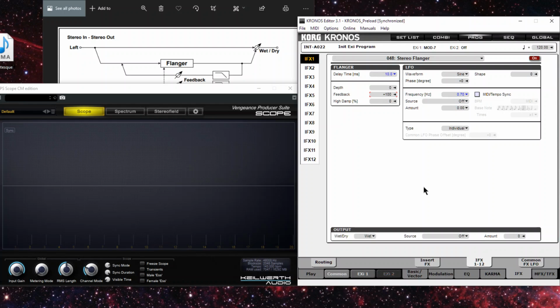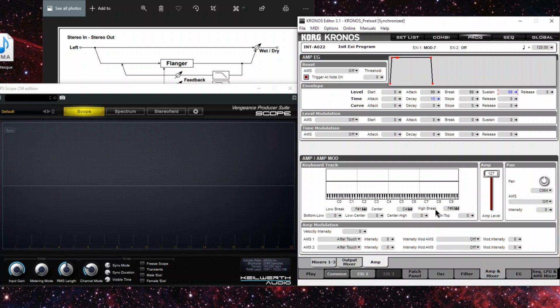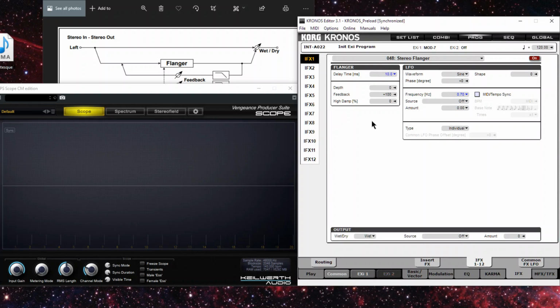And also to really prove this point of why this is integral here, let's put the sustain up on our amp envelope so I can launch 100 sine waves per second through our delay time, which will stack those sine waves on top of each other at perfect phase intervals, and will then lose headroom really, really quick.